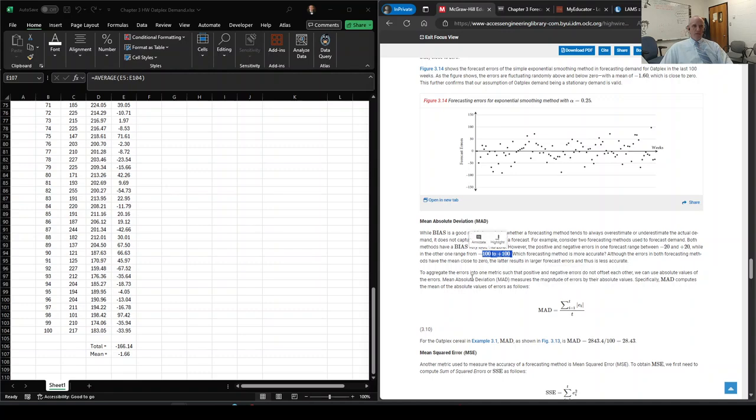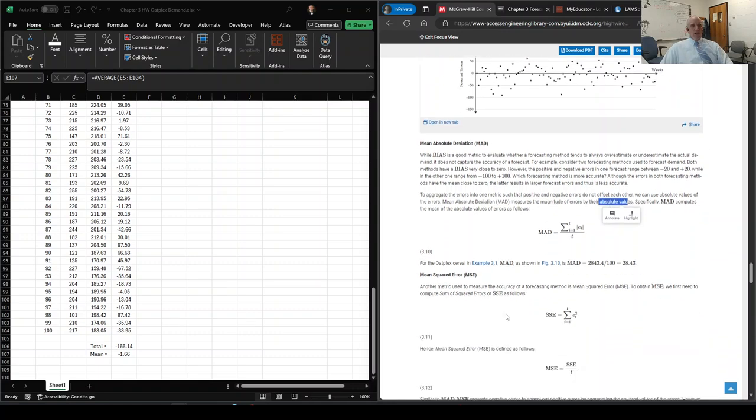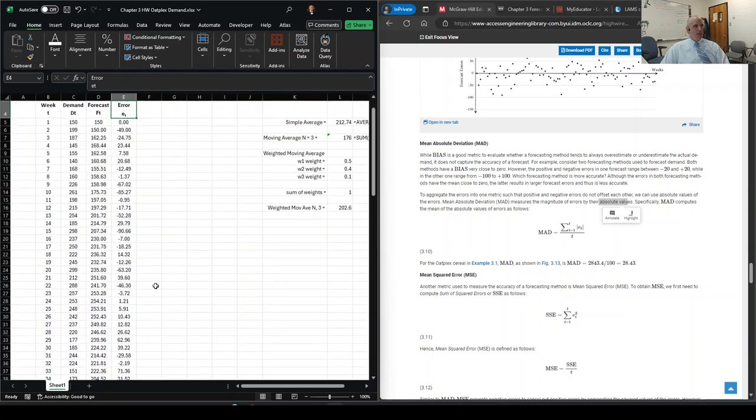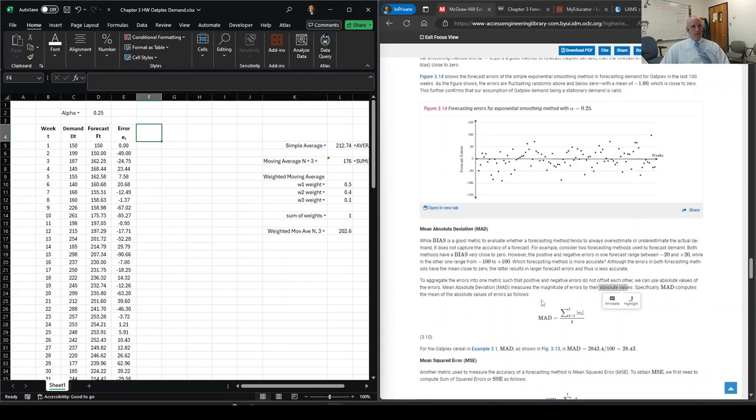To aggregate the errors into one metric such that positives and negatives do not offset, we use another metric called the mean absolute deviation. This measures the size of errors by their absolute values. So now we're going to create an absolute value metric. Let's come back up to the top, very much like what we saw back over here.